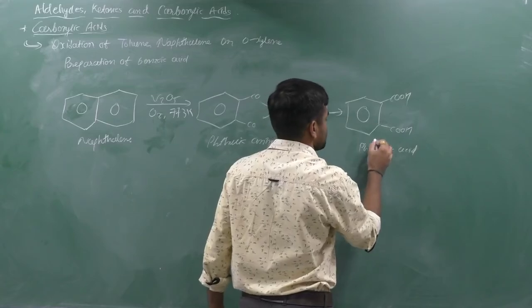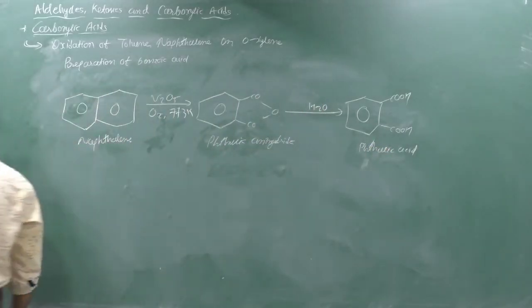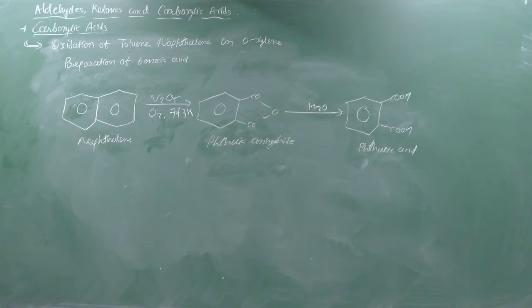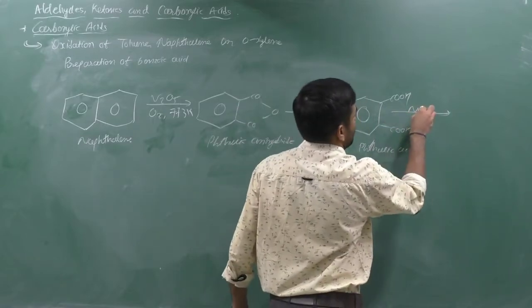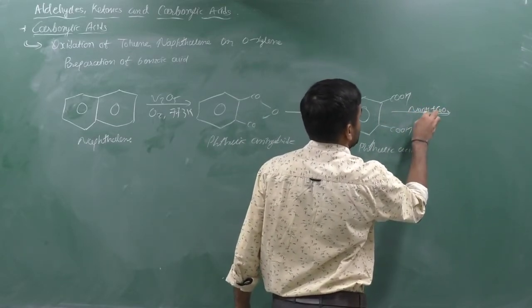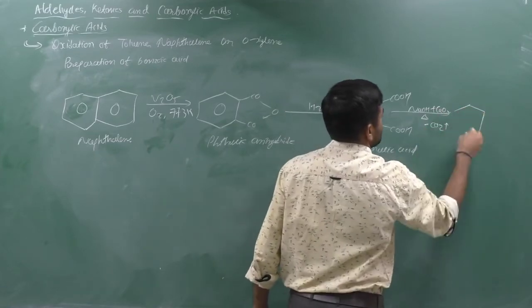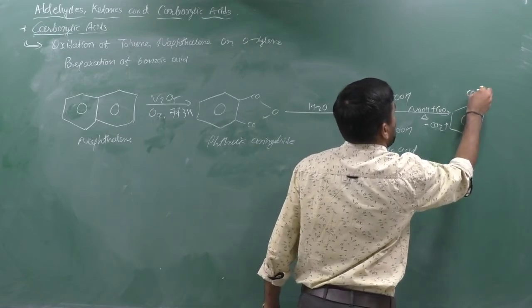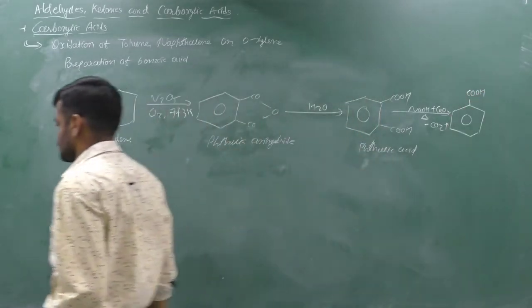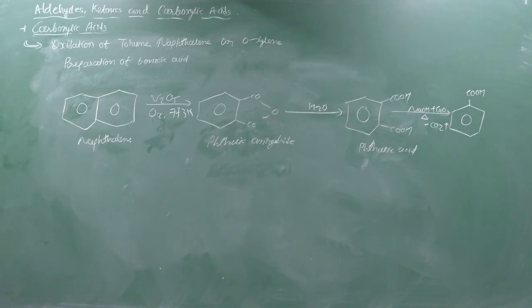And now, if we treat phthalic acid with soda lime, NaOH plus CaO, heat, CO2 is evolved and we can obtain benzoic acid. That is the preparation of benzoic acid from naphthalene. Clear? Second one is preparation from toluene or orthoxylene.